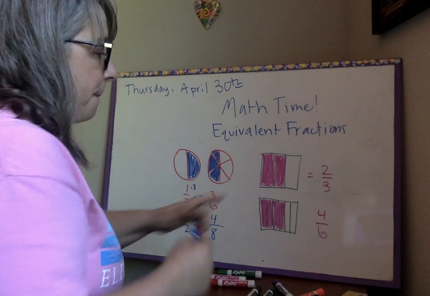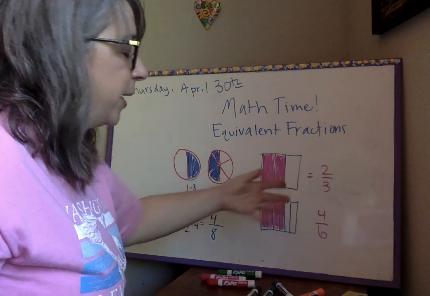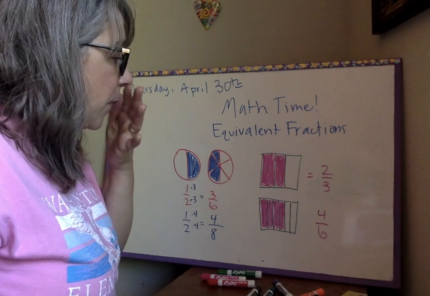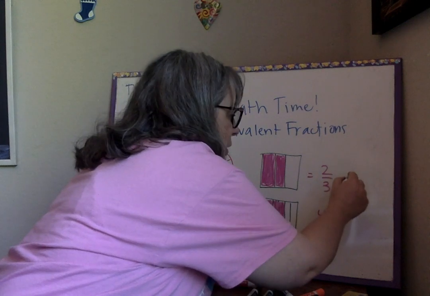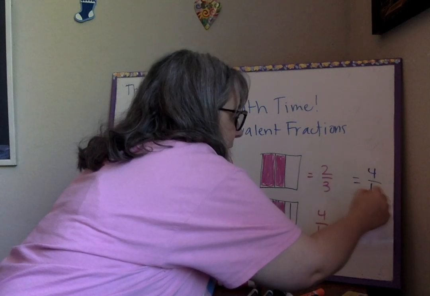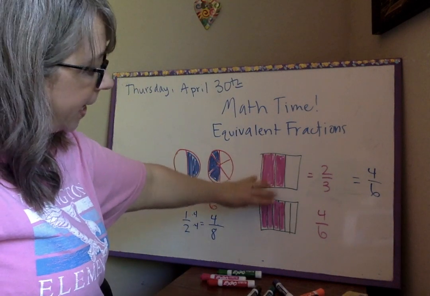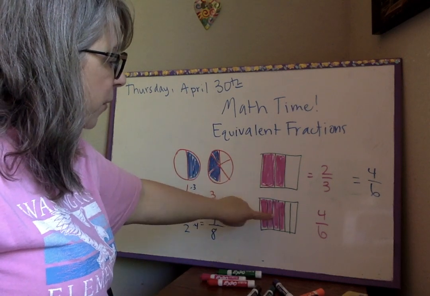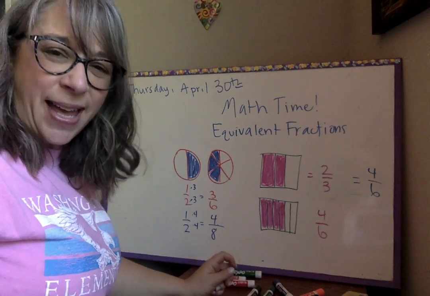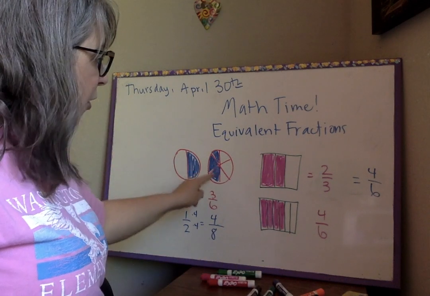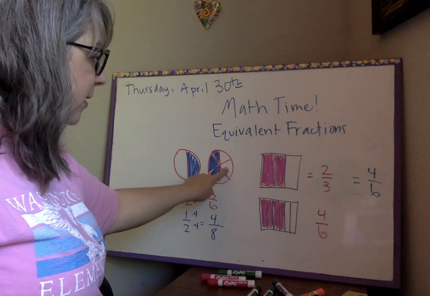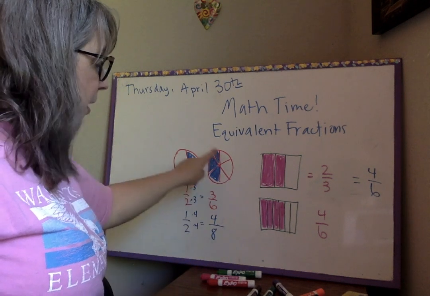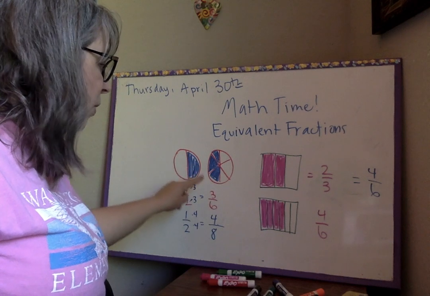All right, so again, we can look at this and think of it as a multiplication problem. So we have 2/3 is equivalent to 4/6. Since we drew a picture, and I did my best to make them look equal, we can look at this picture and go, oh yeah, they do look like they're equal. Even though there are more parts to this, it's still worth the same. 6/6 is still 1. 2/2 is still 1.